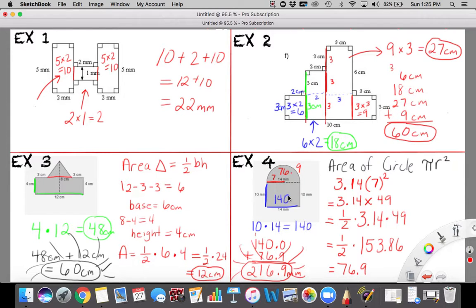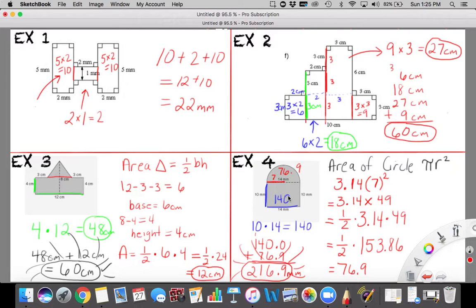Okay, now some of them that you see may be a little different, but always remember you have to take what you know about the properties of shapes. So for example, the opposite sides of a rectangle are congruent. The opposite sides of a square are congruent. All 4 sides of a square are congruent as well. And you have to use those properties to find the missing sides of some of these shapes in order to break them down.